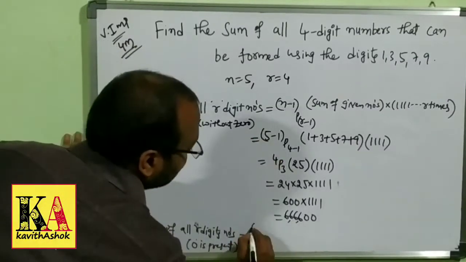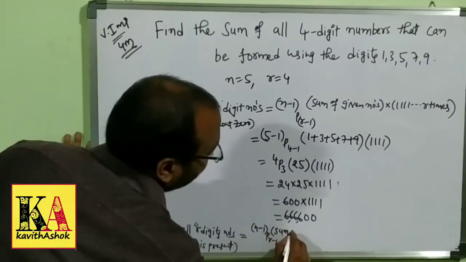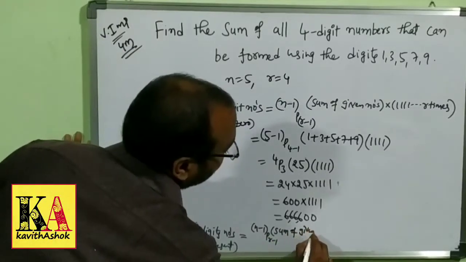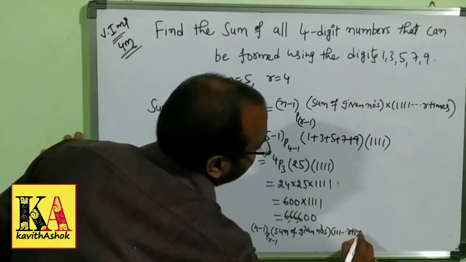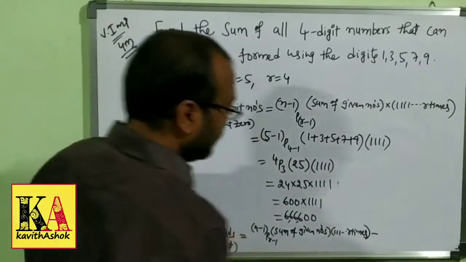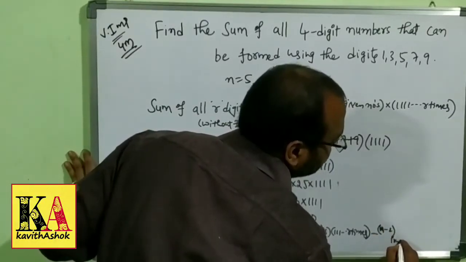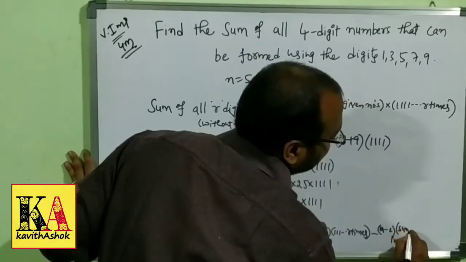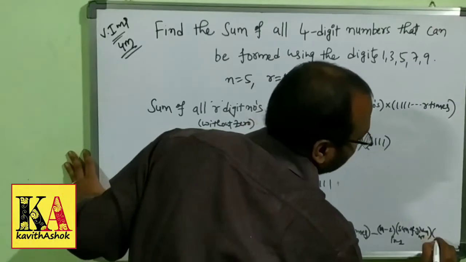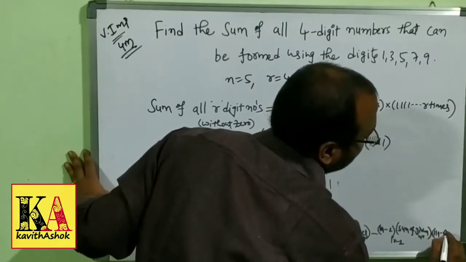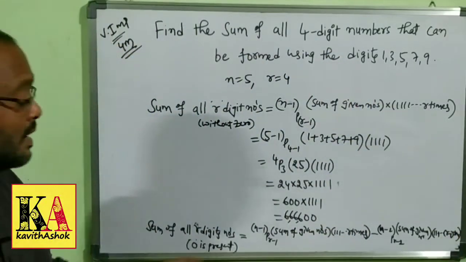Same formula we will write first here: N minus 1 p r minus 1, sum of given numbers, into 1 1 1 so on r times, minus n minus 2 p r minus 2, again sum of given numbers, into 1 1 1 so on r minus 1 times. So by using this formula we can calculate when 0 is present.